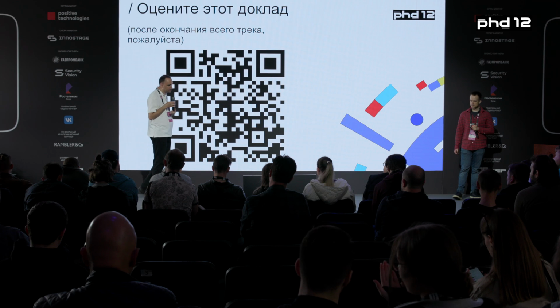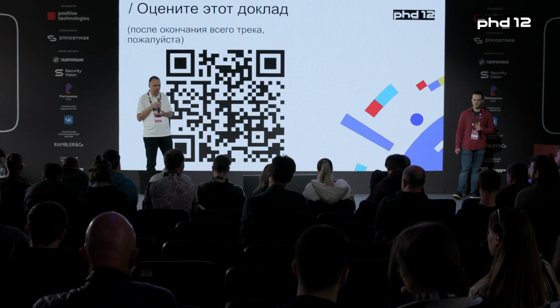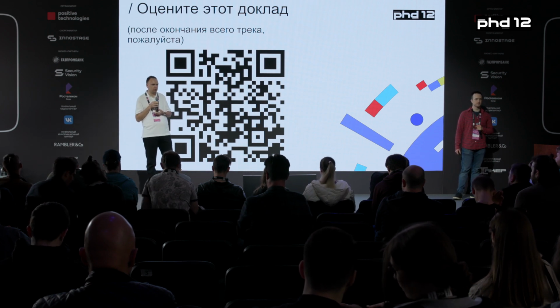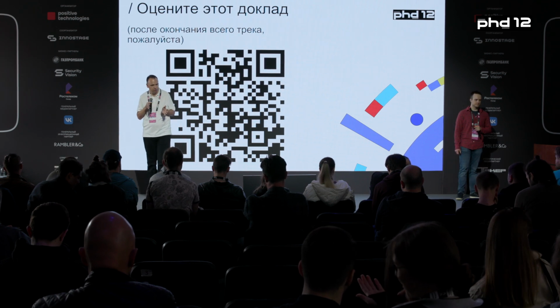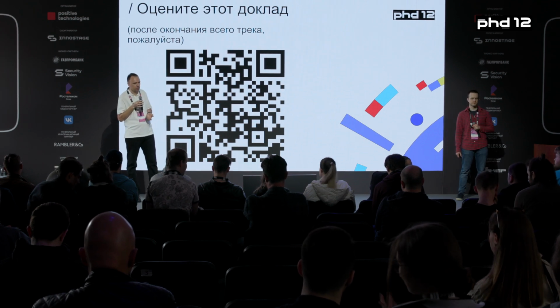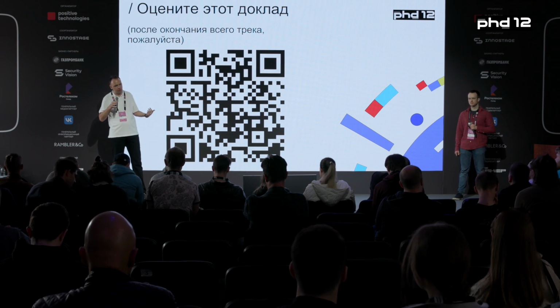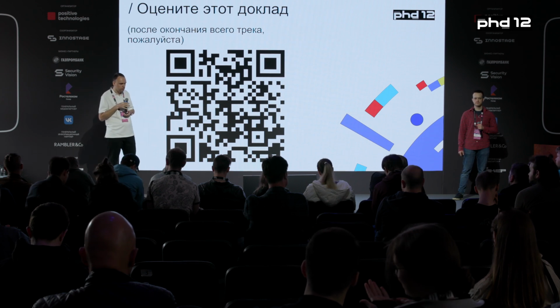In MaxPatrol SIEM, we have such a part of the product, the retro correlator, which does exactly that job. A separate module which goes back in time, looks at the database, collects the data, collects the table lists. So retrospective analysis is supported. Thank you.